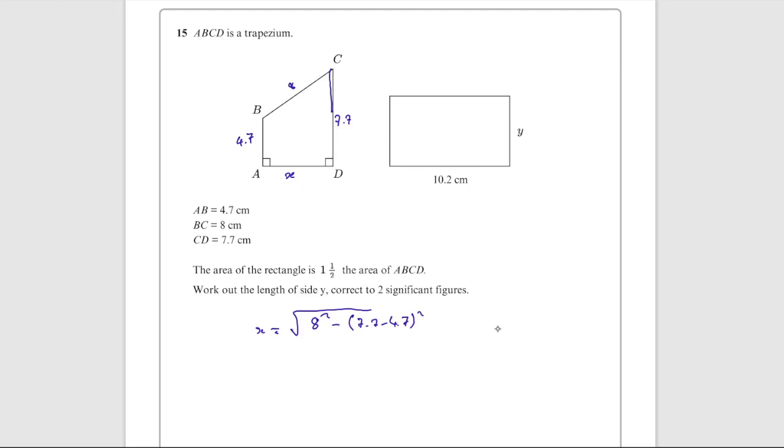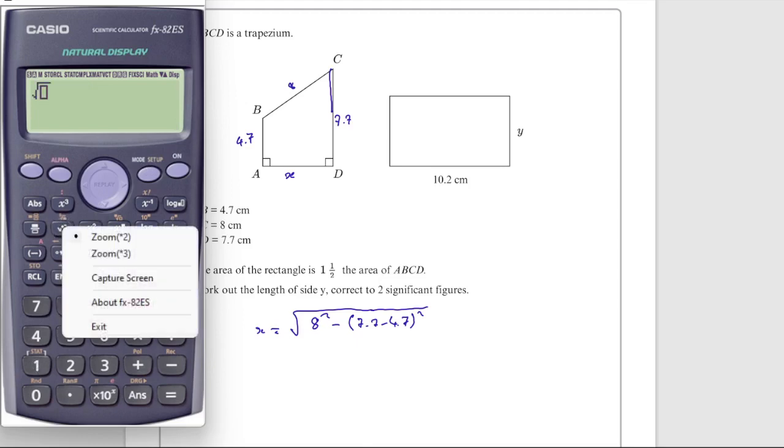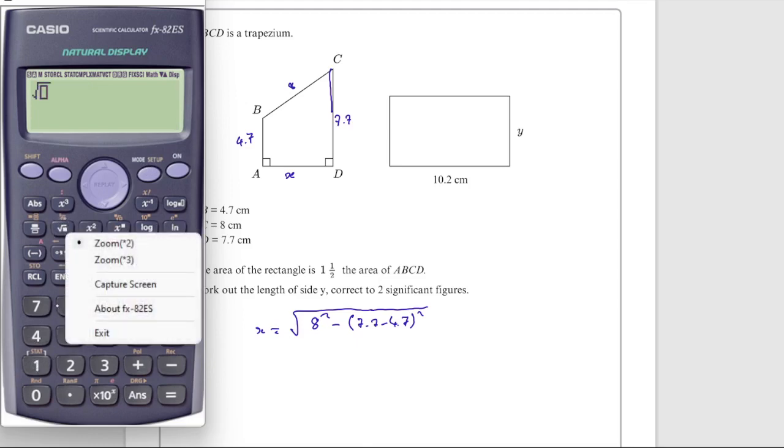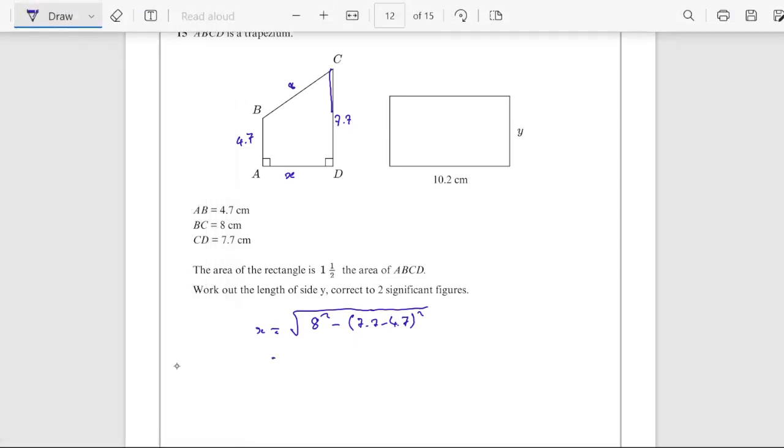That's obviously going to just be 3, but we'll use our calculator. So let's change back our modes. So the square root of 8 squared minus 3 squared. So that is going to be root 55. And I'm going to leave it as root 55 for now.